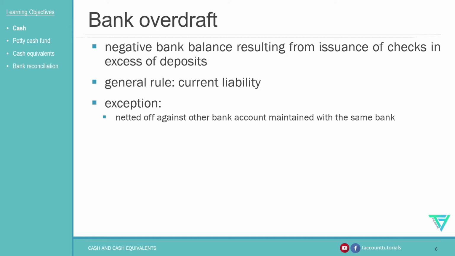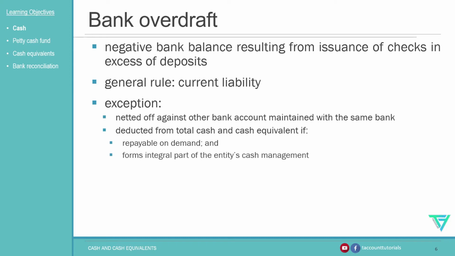So instead of reporting the negative balance of account number 1 as current liability, it may be offset from the balance of the second account, as long as the second bank account is unrestricted. It may also be deducted from total cash and cash equivalents if it's repayable on demand and it forms an integral part of the entity's cash management.